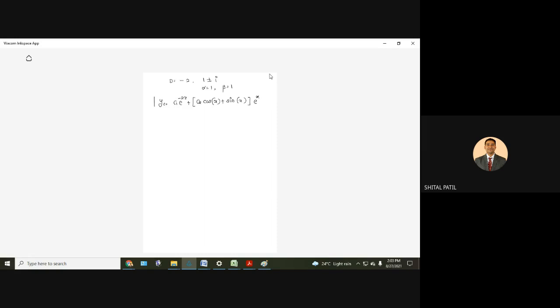Remember that the real root should be in the exponent. The imaginary root should be with the cos and sine. Why? C3. Yes, sorry, I forgot to write C3.